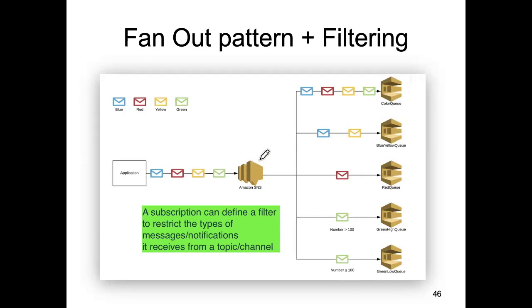And when we talk about the SNS model in relation to AWS, there's kind of three parts to it. Well, four parts actually. There's a publisher on the left. There is SNS itself. There's the subscribers on the right, and we know the subscribers can be anything. In this case, they look like queues.